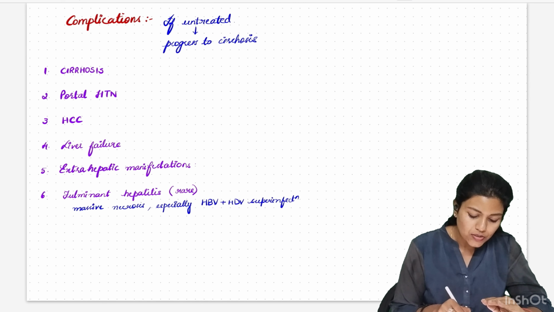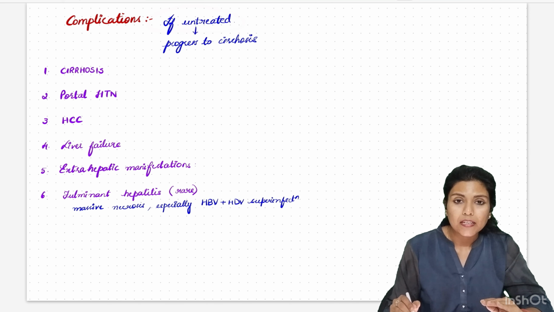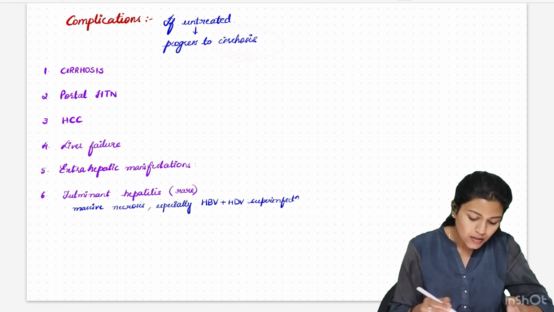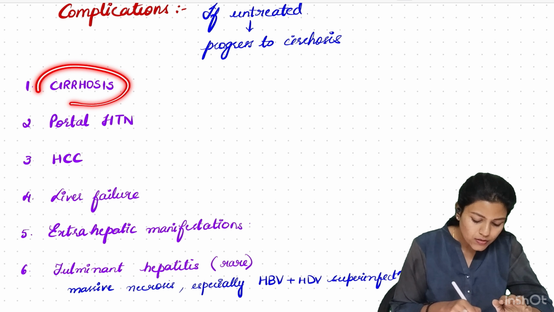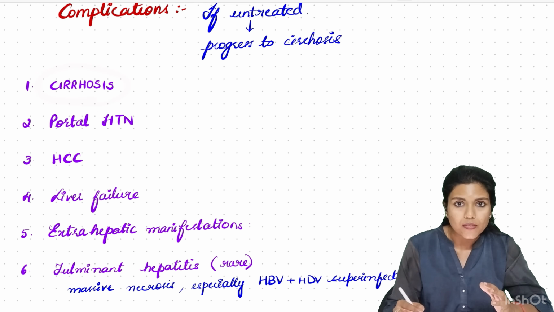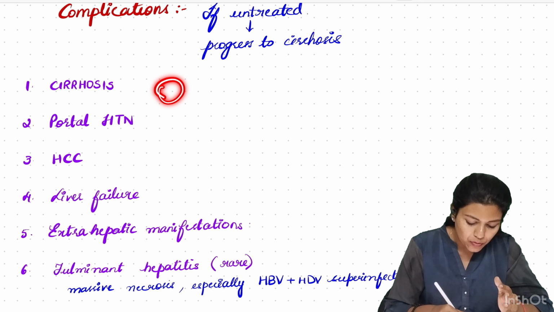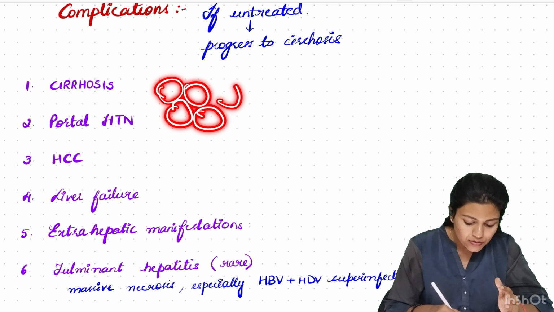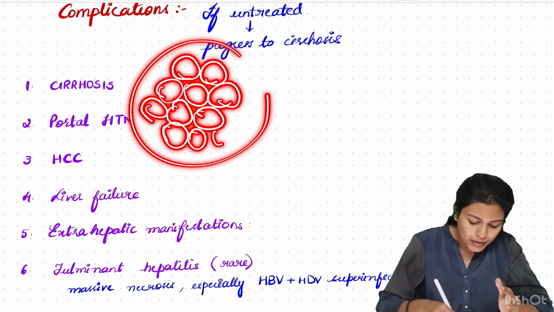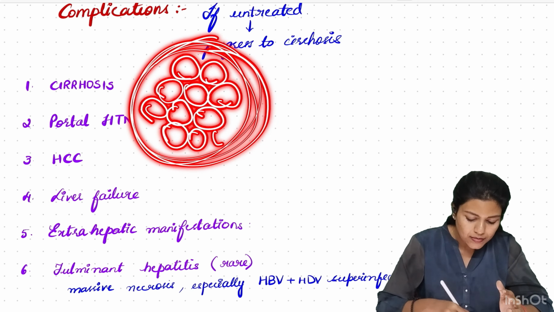Coming to the complications, if the viral hepatitis is left untreated, it may progress to cirrhosis. Cirrhosis is the chronic progression to fibrosis, characterized by bridging fibrosis. There are multiple regenerative nodules surrounded by dense fibrous bands.